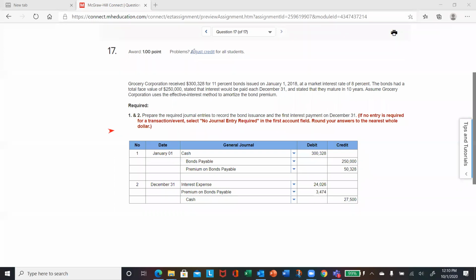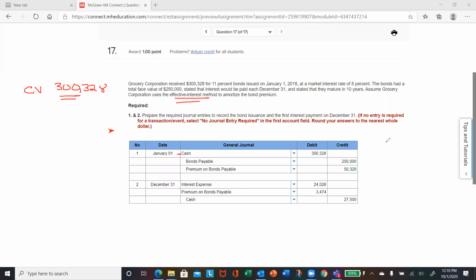Now, when you get to the second part on your interest payment, here's what's going to change. Because it's the effective interest rate method, you use the carrying value, and the carrying value of the bonds is $300,328. So your initial carrying value is always simply what you received.